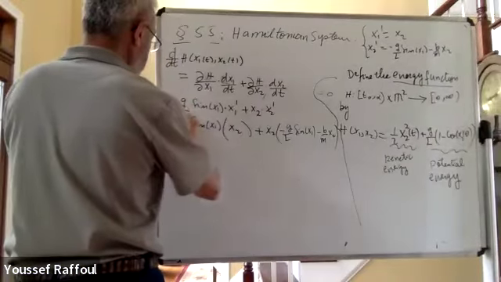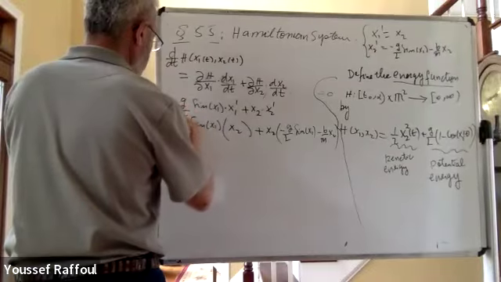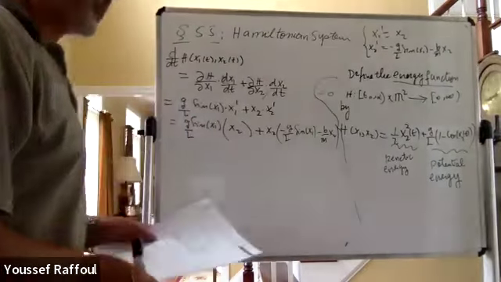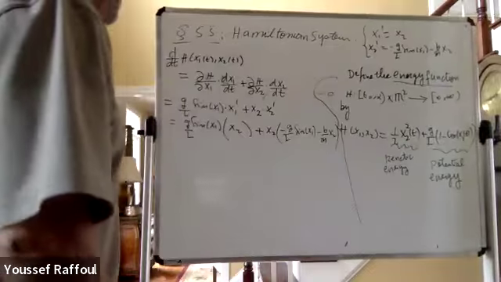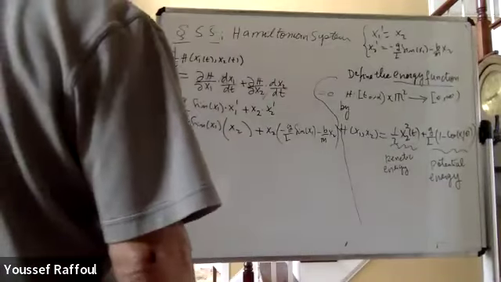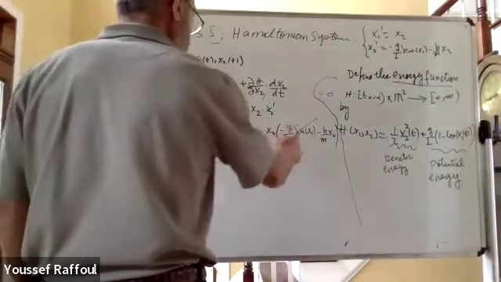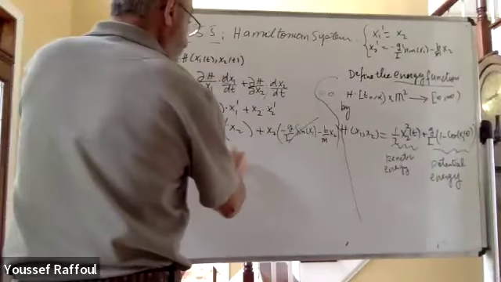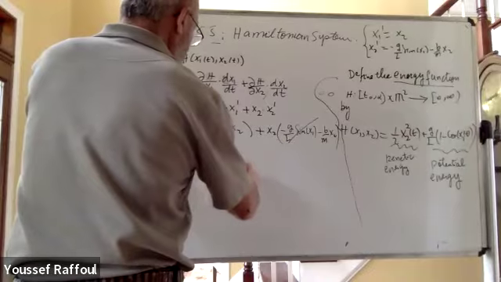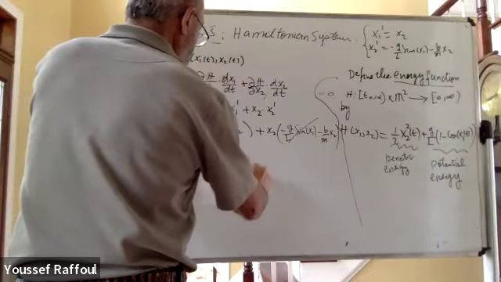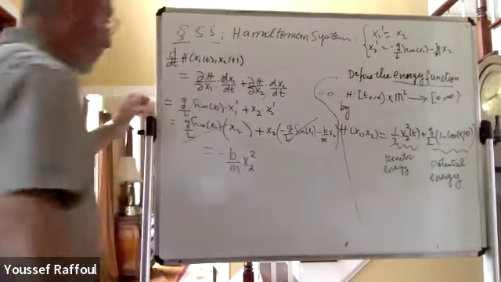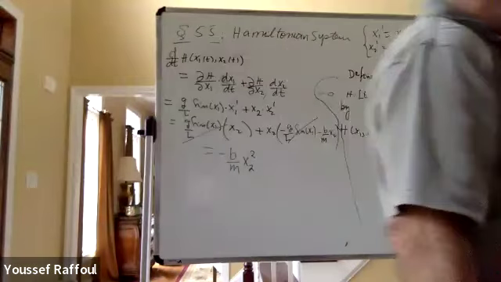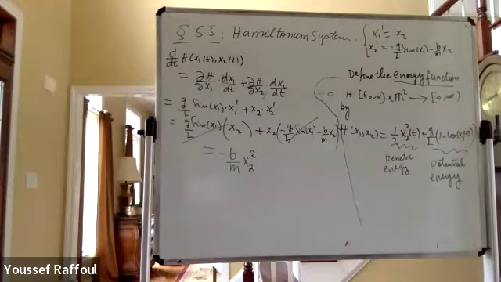Okay? All right. So as you see, this term goes away with this term, and we are left with minus b over m x2 squared. Correct?